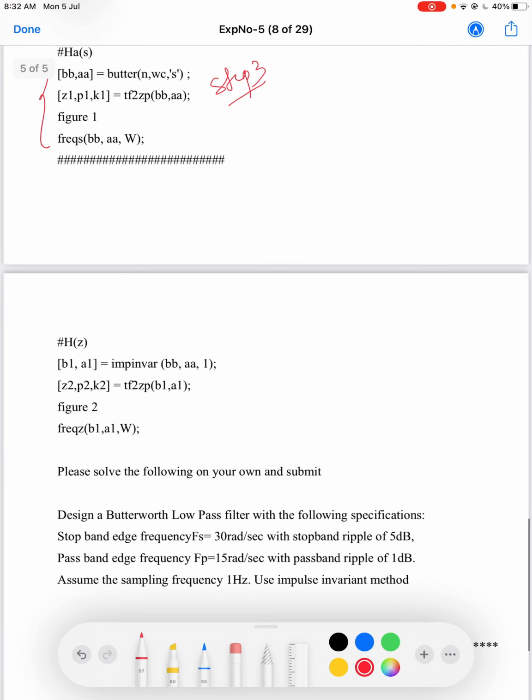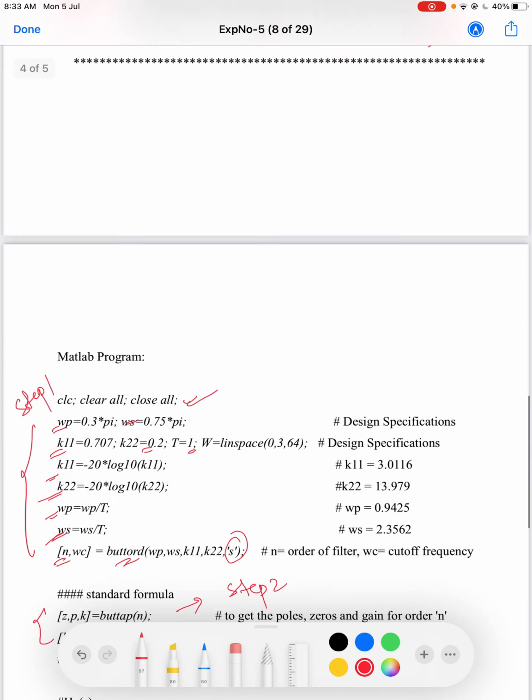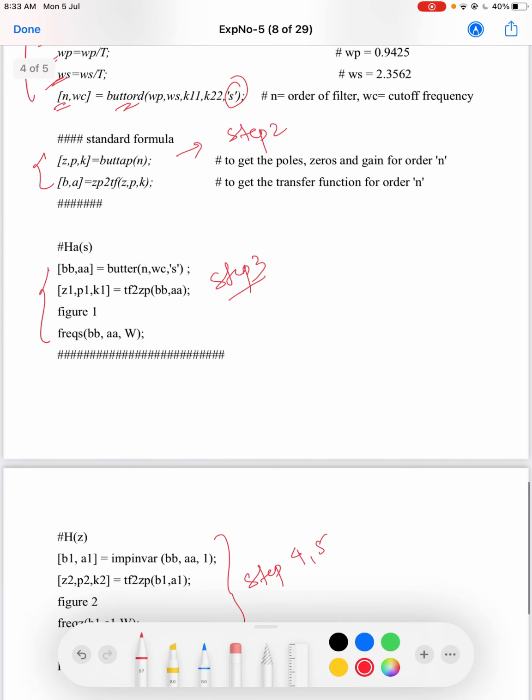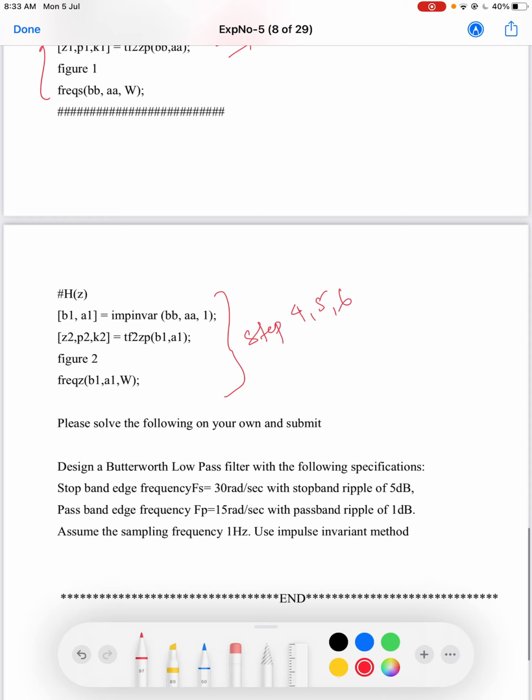Then this whole part is steps 4, 5 and 6. So that's it. Kindly check your output and see how it's displaying.